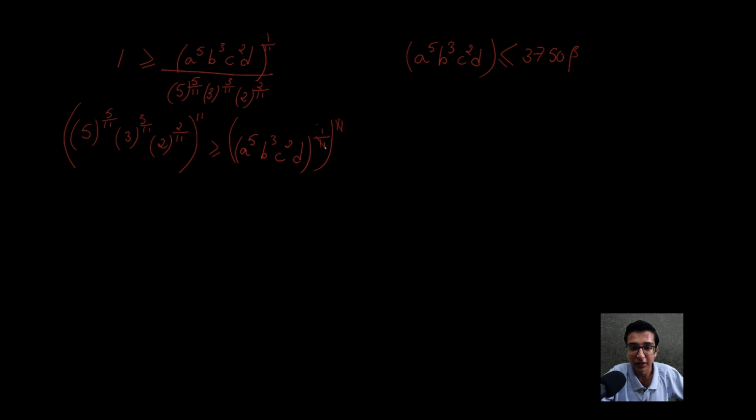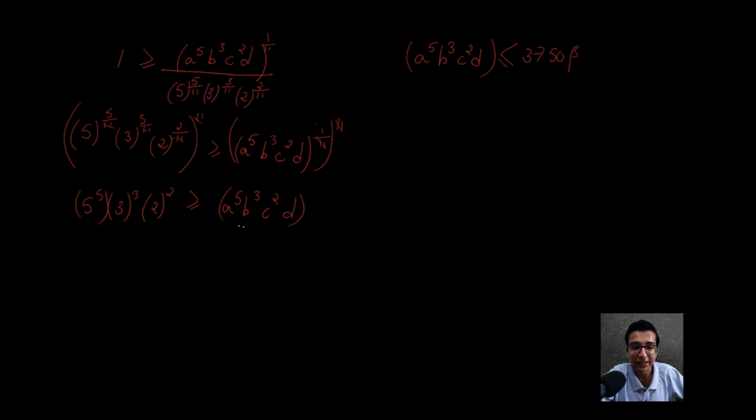So 11 will get cancelled for each and every term here as well. So now we have a very simplified value, which is 5 to the power 5, 3 cube, 2 square greater than equal to a to the power 5 b cube c square d.